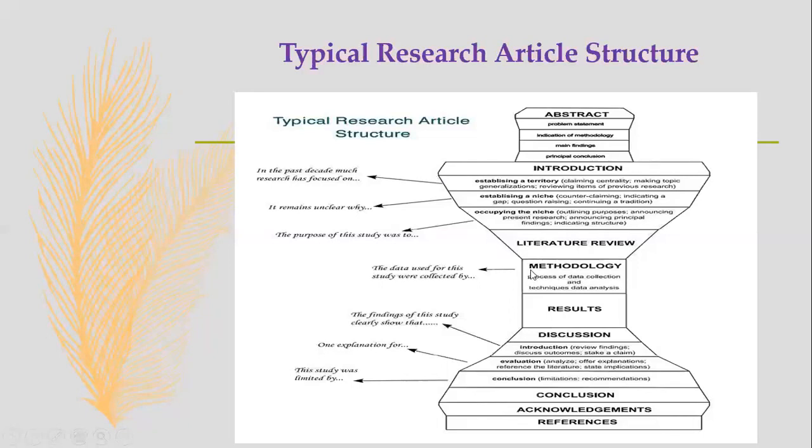Again, you come to the methodology, where it is extremely important. This methodology section will help anyone who wants to carry your work further, or anyone who wants to replicate the study, to accurately know what you have done and how you have done it. We have a statement in the scientific world called garbage in, garbage out.